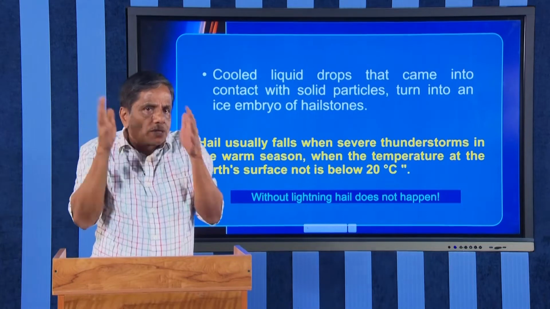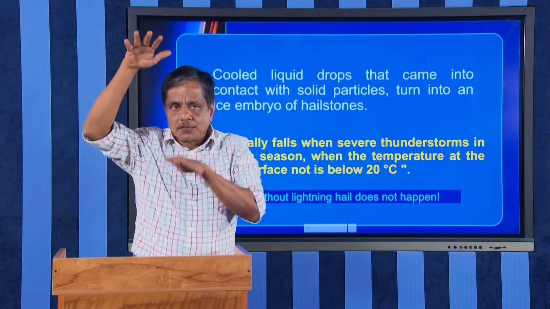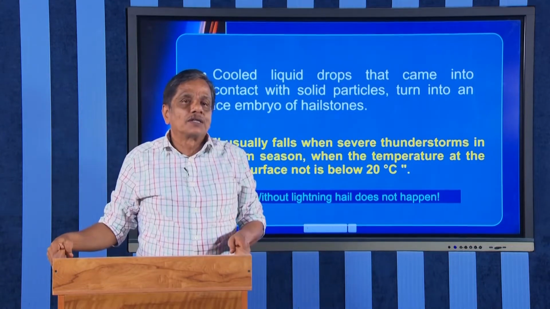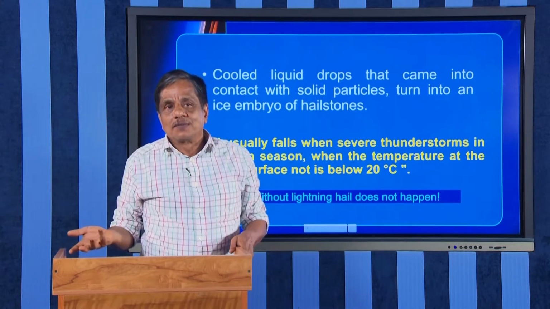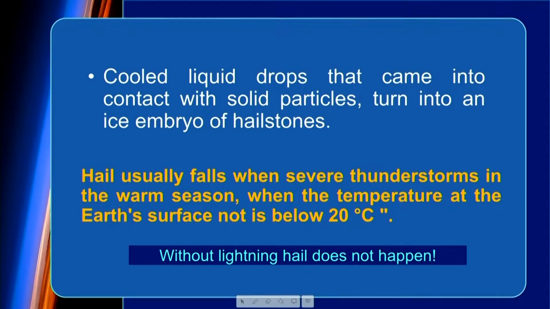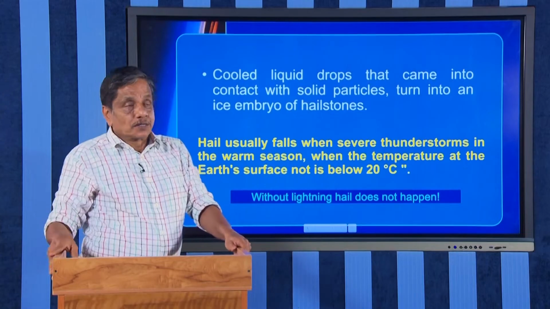So, if you look at a cloud at a certain height, you can see that it is white in color due to the fact that it contains ice crystals. So, 80% of a white cloud contains ice crystals, and 20% is saturated water at 0 degree centigrade.